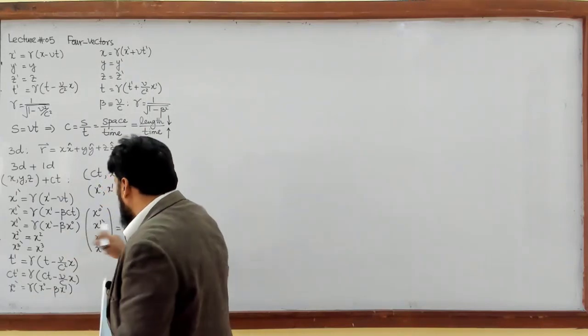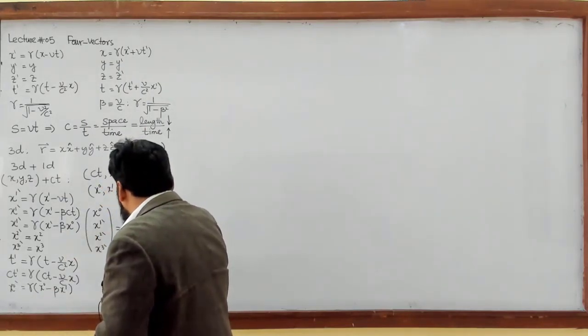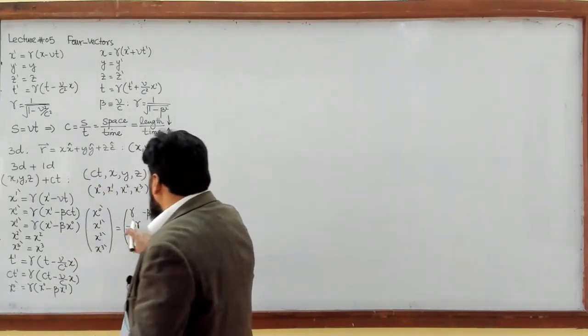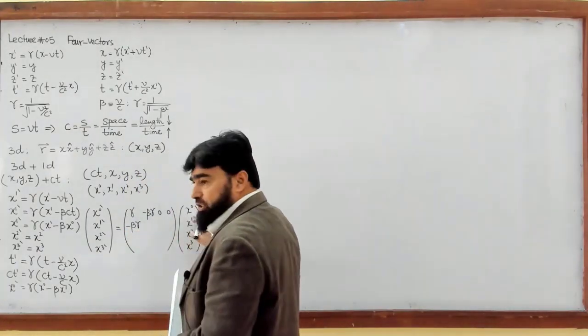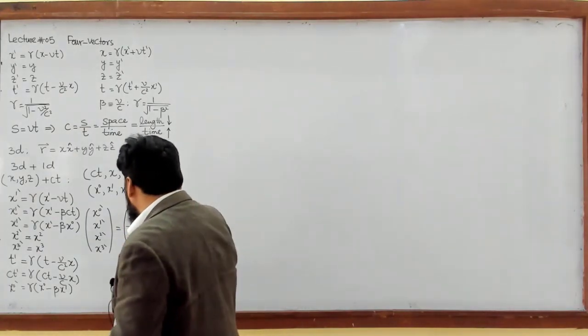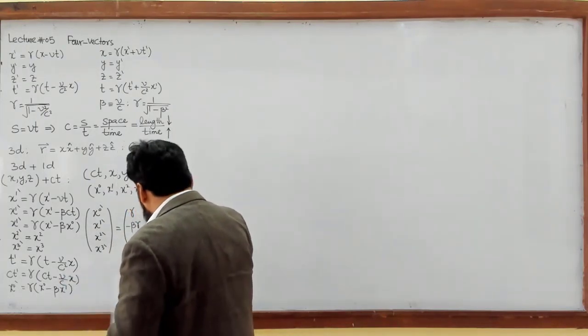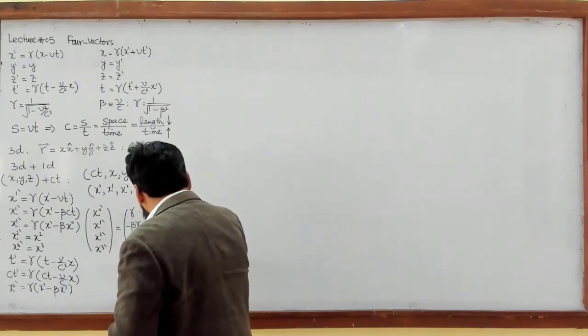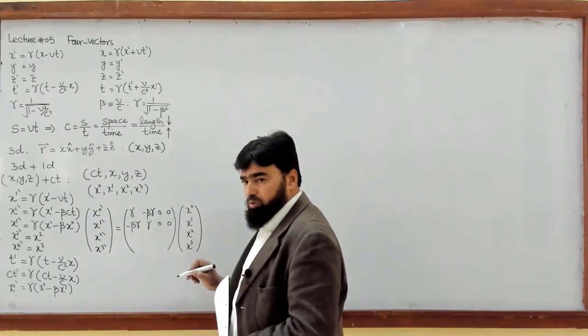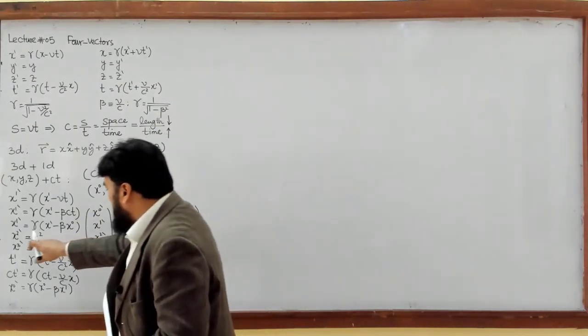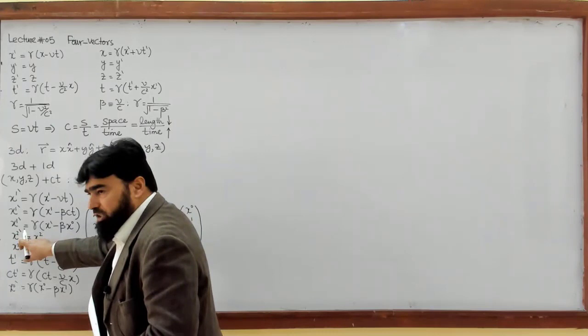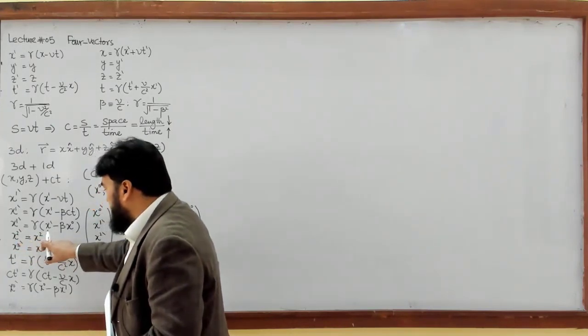So the first term will be minus beta gamma x0, and then this will be gamma, and the other two terms will be equal to 0. Similarly, this is now x2 prime, is equal to x2.